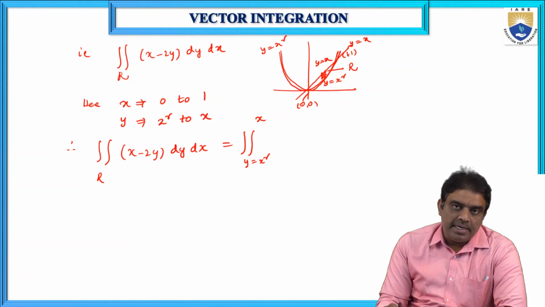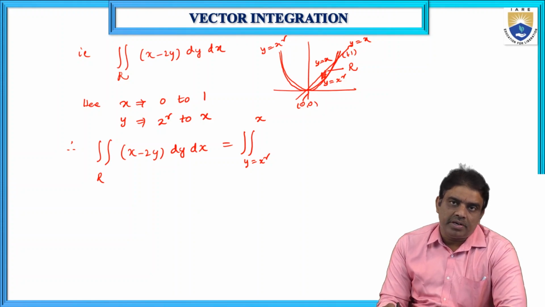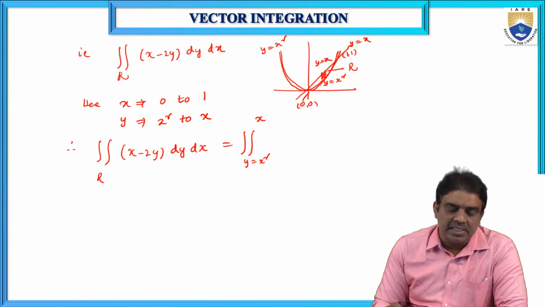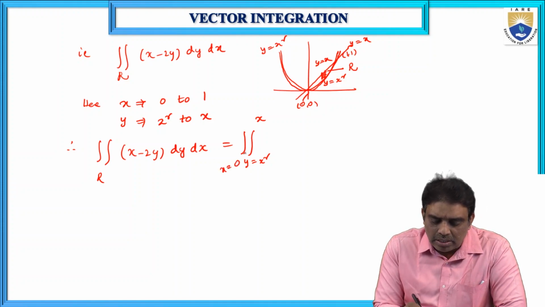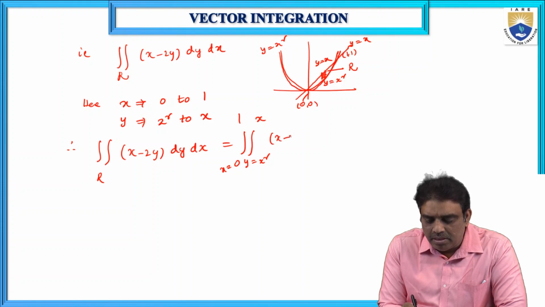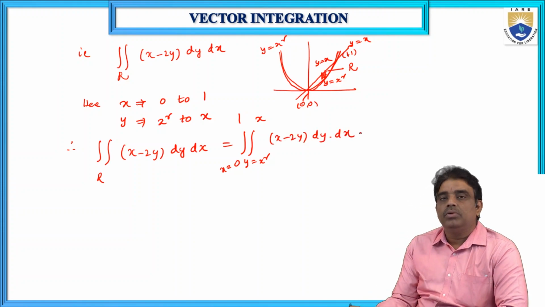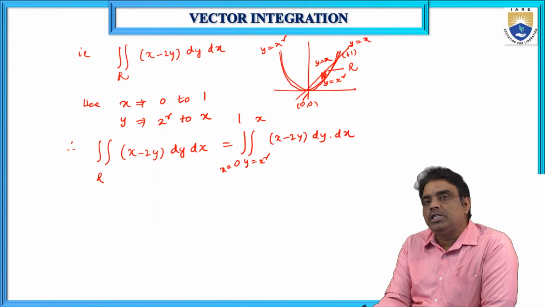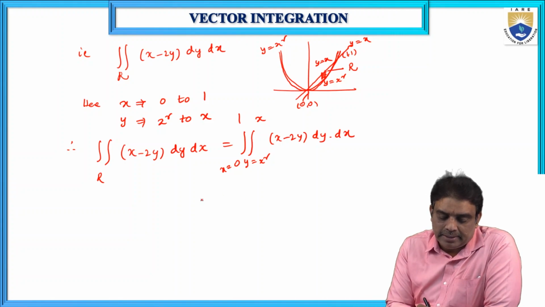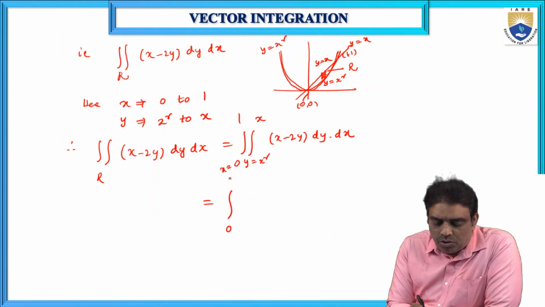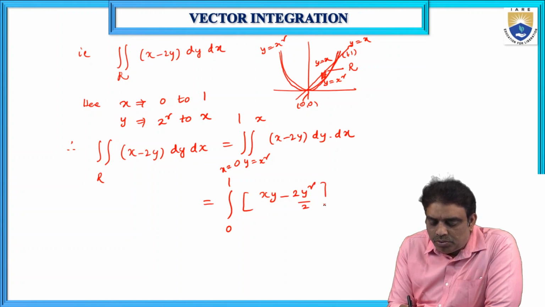We have to integrate the given function with respect to the variable limit first, then with respect to the constant limit x from 0 to 1, the function (x minus 2y) dy first, then finally with respect to dx, as per the procedure of evaluating double integrals. Now integral 0 to 1, so what is the integration? xy minus 2 into y square by 2 with respect to y, lower limit x square, upper limit x, of dx.